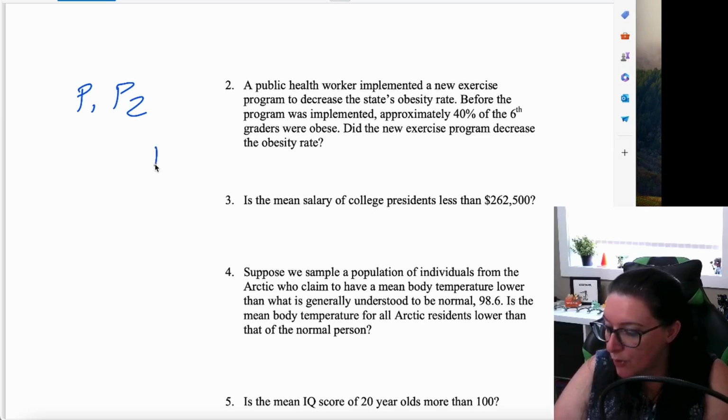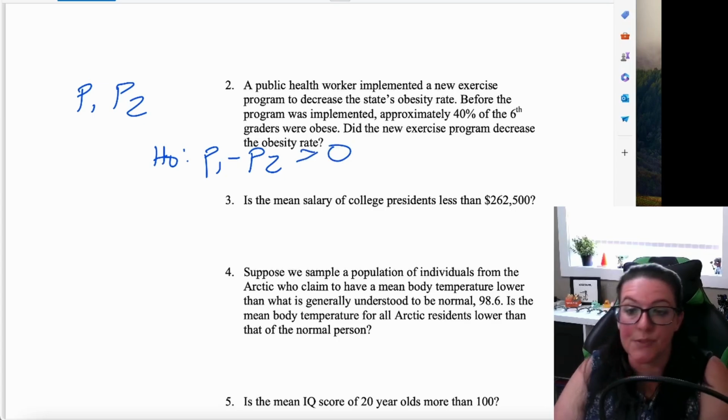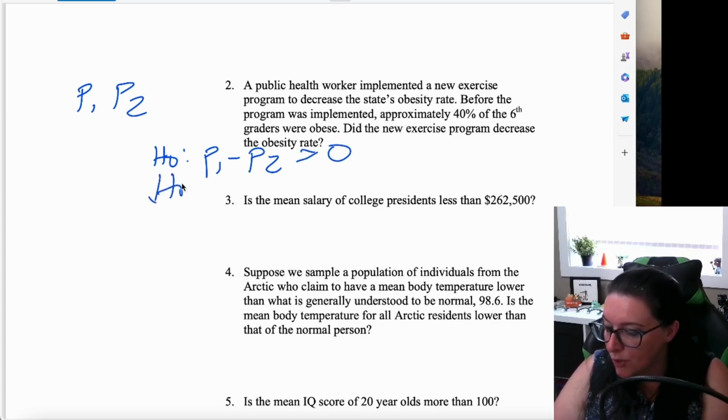So our null hypothesis could be that P1 minus P2 equals 0, no difference. And the alternative is that with the new program, there is a difference.